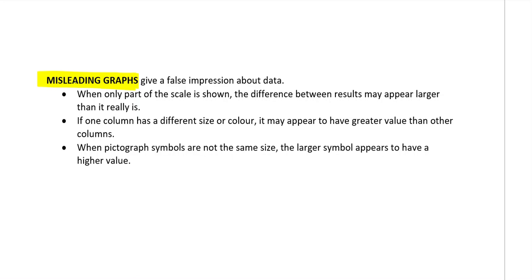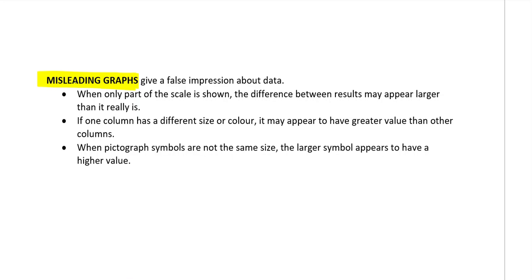Okay. You have to be careful when looking at graphs that some graphs are sometimes deliberately misleading. So if you look in things in magazines or newspapers, sometimes they're trying to give you a certain impression that something is a favourable result, and they're deliberately trying to present the graph in a certain way to make you think a certain way. So things that they can do is, it says in the dot points there, when only part of the scale is shown, the difference between the results may appear larger than it really is.